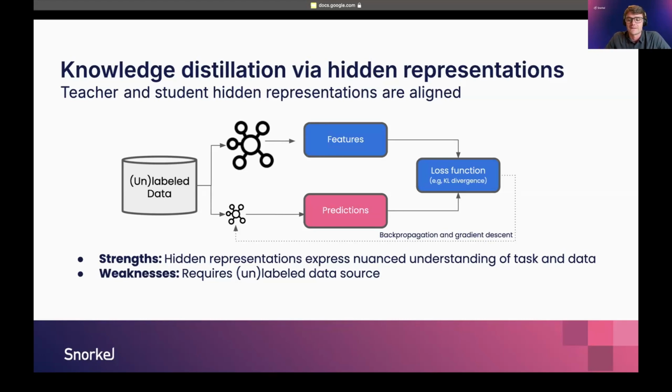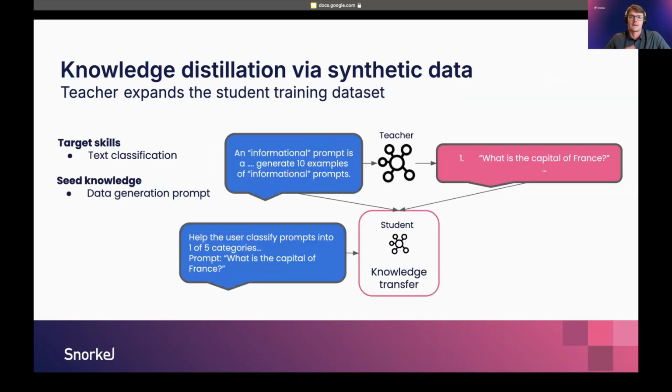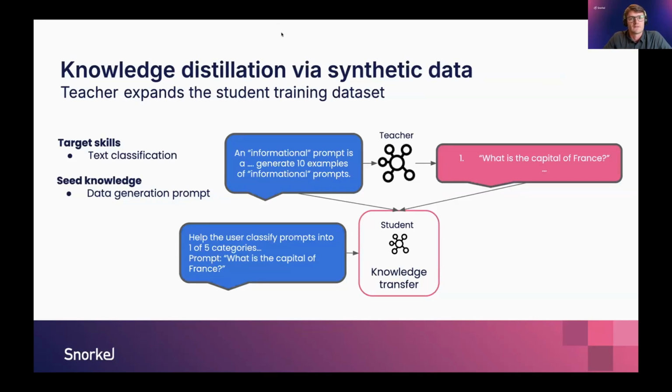So to overcome this weakness, we need the next form of knowledge distillation I'll present, which is distillation via synthetic data. So now we're actually expanding the student training data set, expanding the inputs as well as the outputs that the student model has access to for learning.